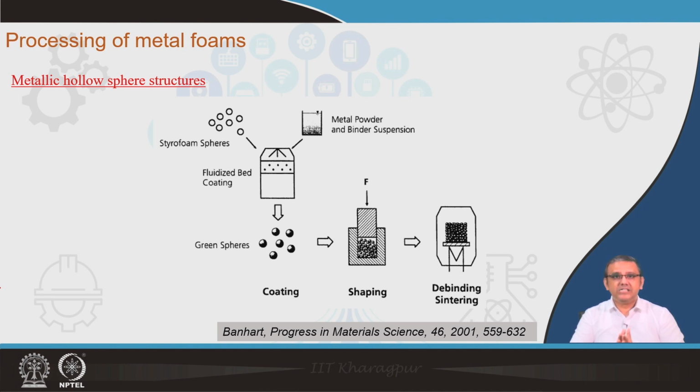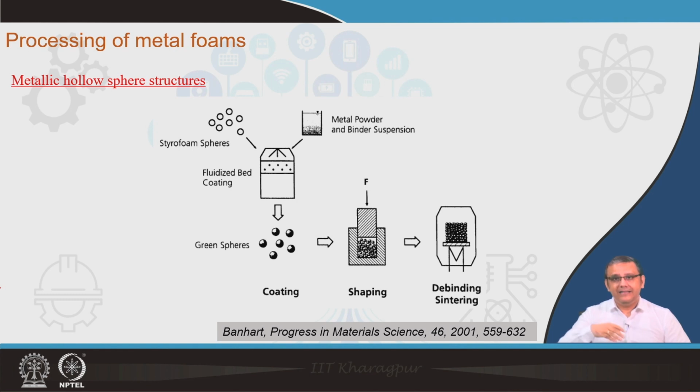After these spheres have been coated with the metal powder binder suspension, green spheres are obtained, and then these green spheres undergo a shaping process, where they are put into the final form, and the final step is the sintering and debinding. During the debinding process, because styrofoam has a low melting point, it decomposes, and that gives rise to the pores inside the spheres.